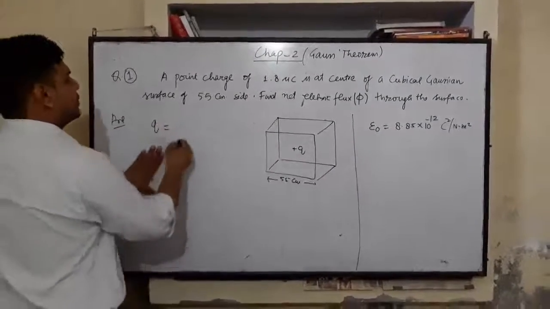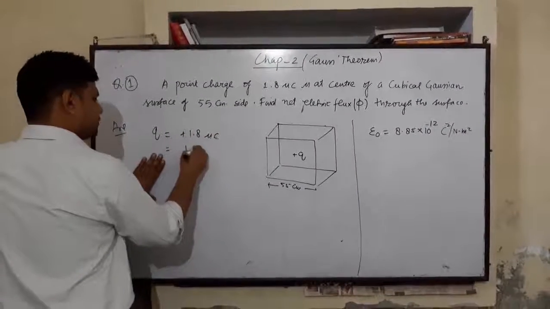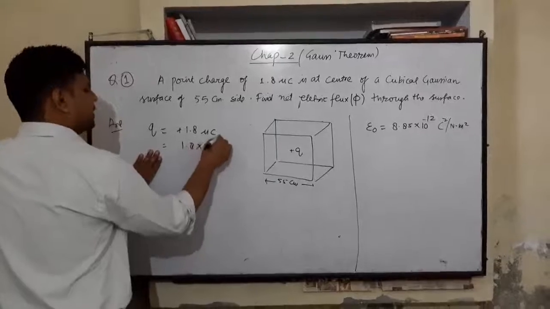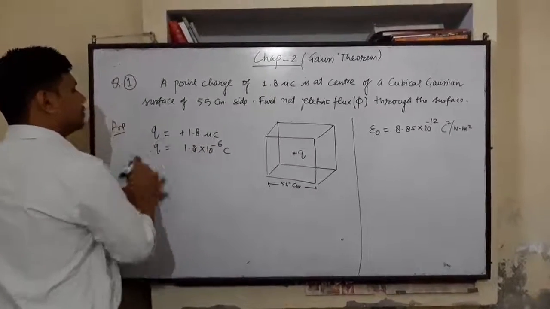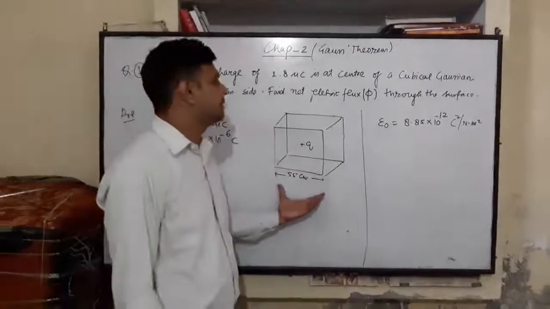Given data: Q is equal to plus 1.8 microcoulomb, that is 1.8 into 10 to the power minus 6 coulomb, and the side of this Gaussian surface.